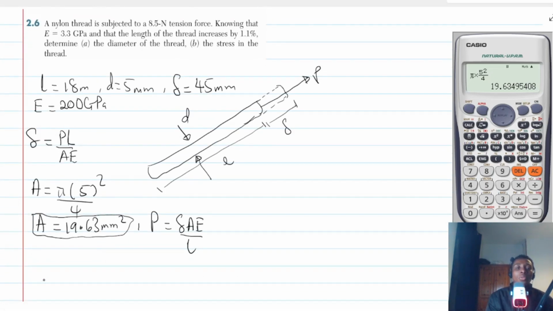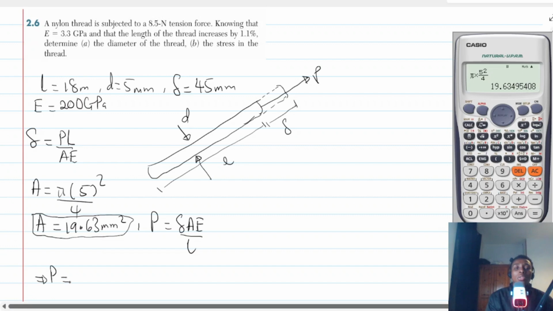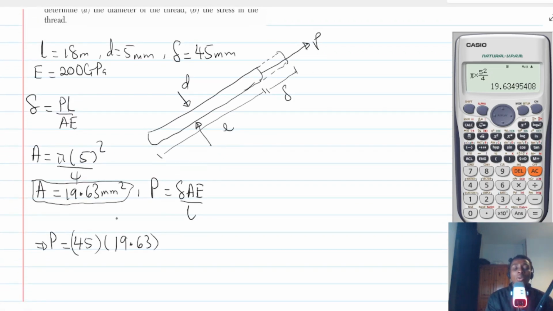Making P the subject, P will be delta multiplied by AE divided by L. So P is delta, which is 45, and then A, which is 19.63. Since I'm dealing with millimeters, I will have to convert everything to newtons and millimeters. So E becomes 200 multiplied by 10 to the power 3 to convert it to megapascal.